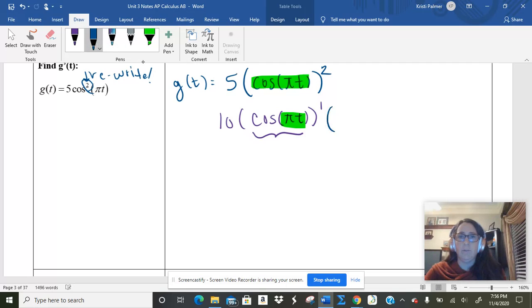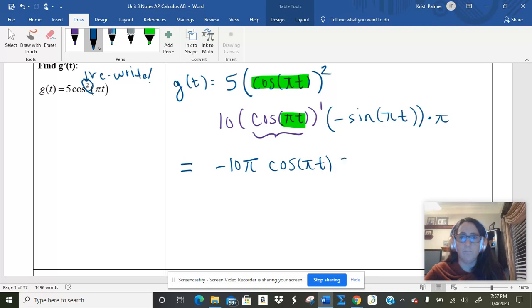So I take the derivative of the outside, leave the inside alone, times the derivative of the inside. Okay.